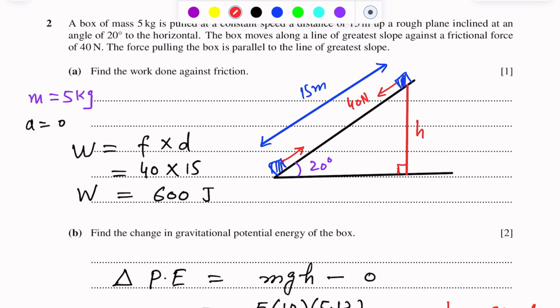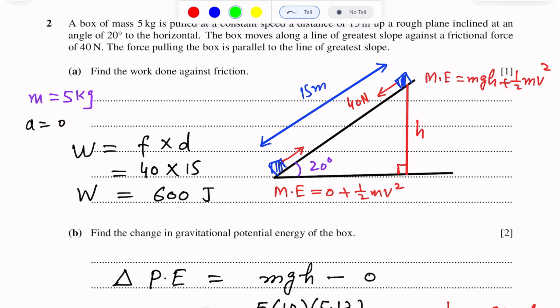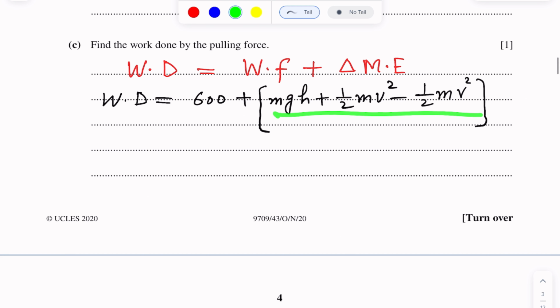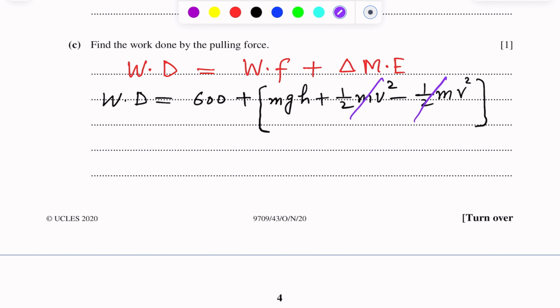Mechanical energy at the bottom: potential energy is 0, kinetic energy is 1 over 2 mv squared. Mechanical energy at the top will be mgh plus 1 over 2 mv squared. We subtract final mechanical energy minus initial mechanical energy, and the kinetic terms cancel out, only mgh is there.